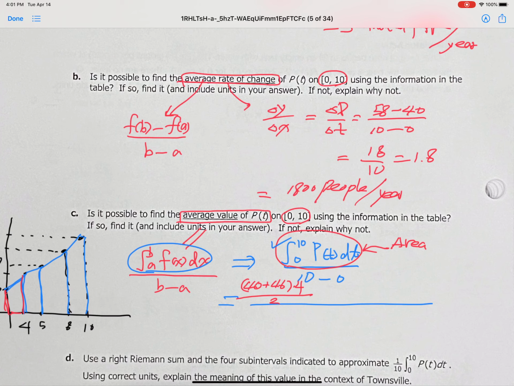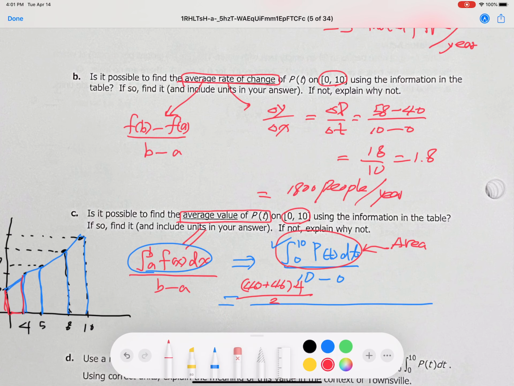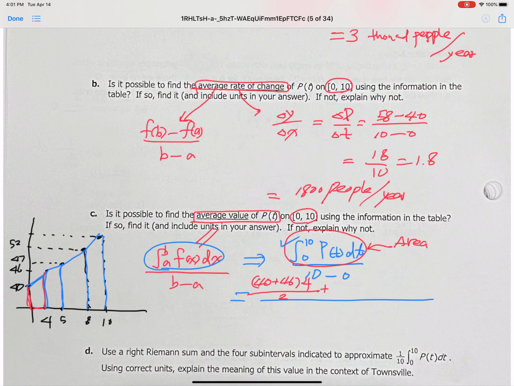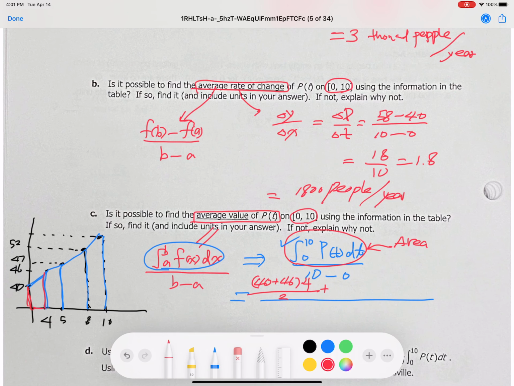And then the second trapezoid area plus. I can see the numbers now. We found that area already. The second trapezoid area is this one. So base 1 is 46, base 2 is 47.